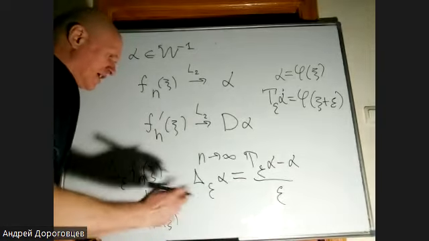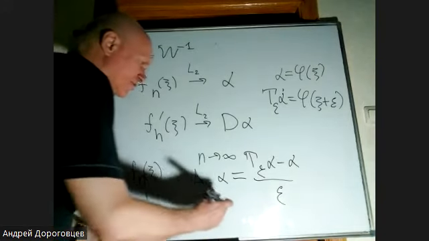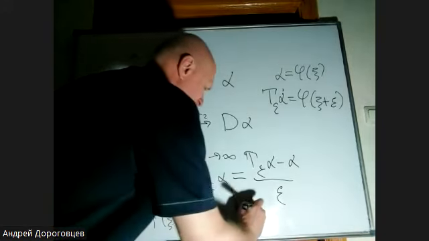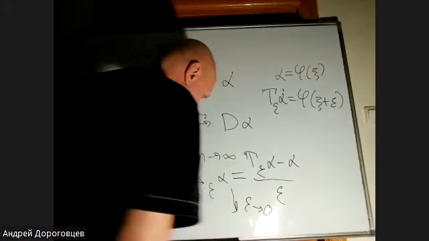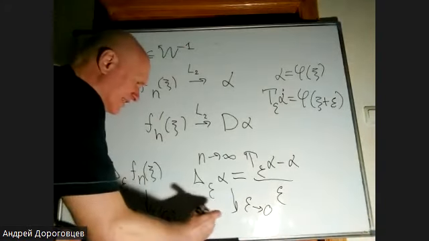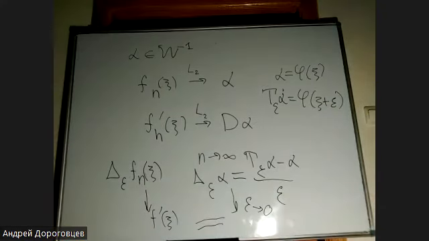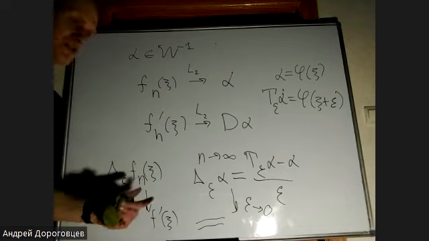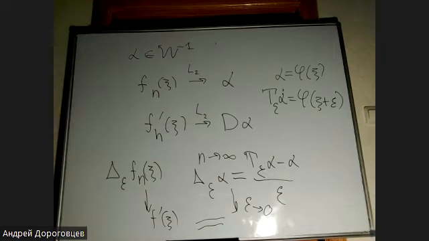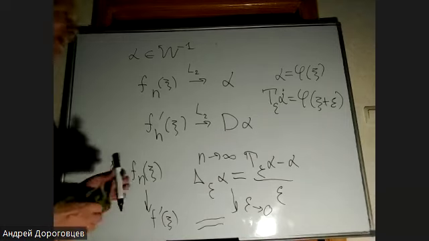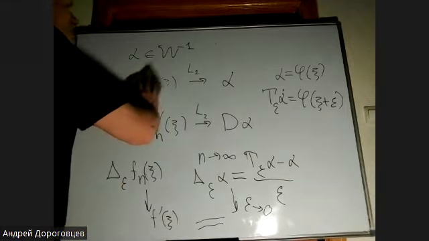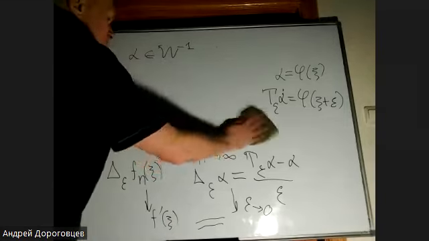It's easy. And then we will get a convergence of this when epsilon tends to 0. And of course, the limit must coincide with this f prime, due to the property of the stochastic derivative that it is a closed linear operator.